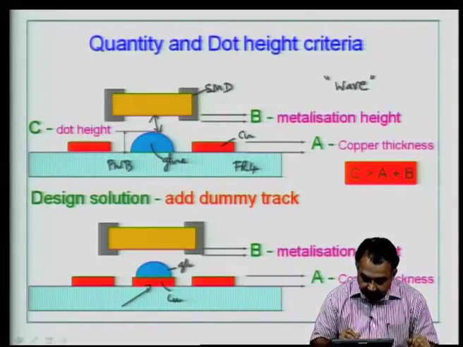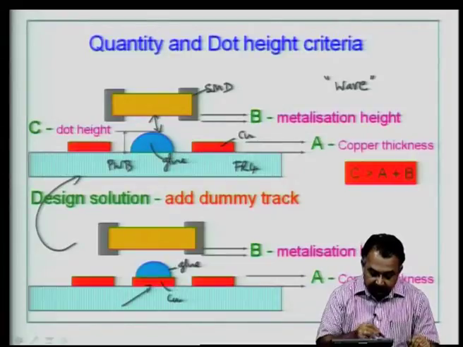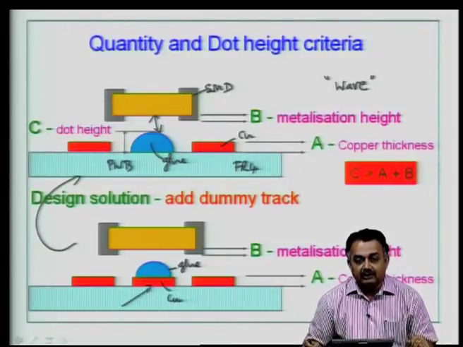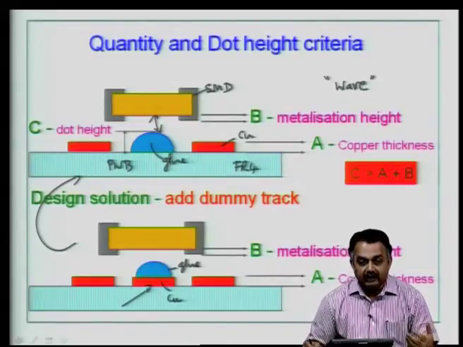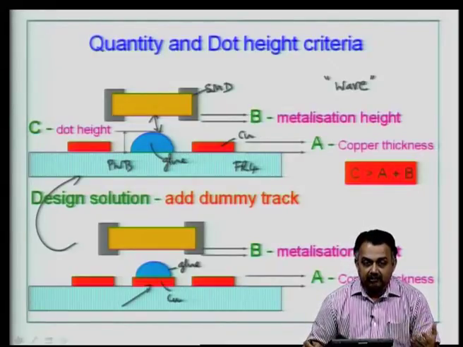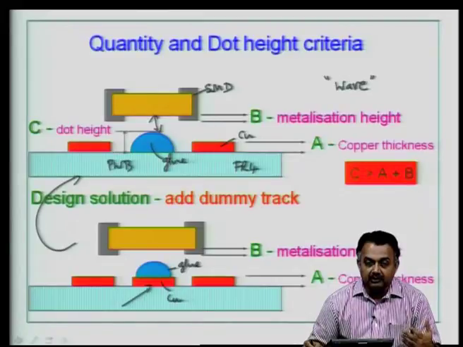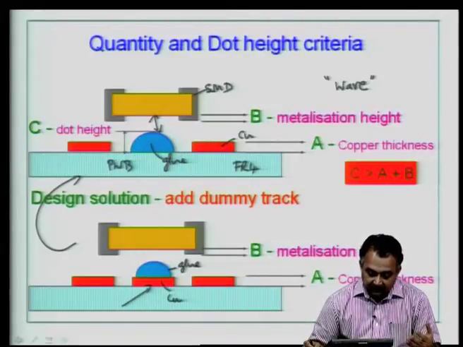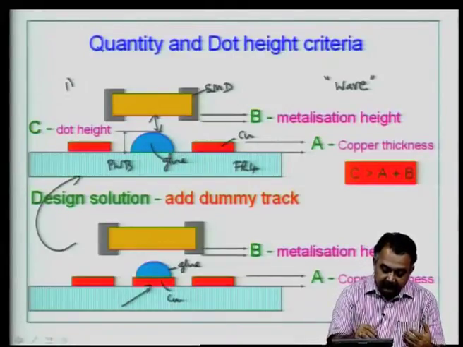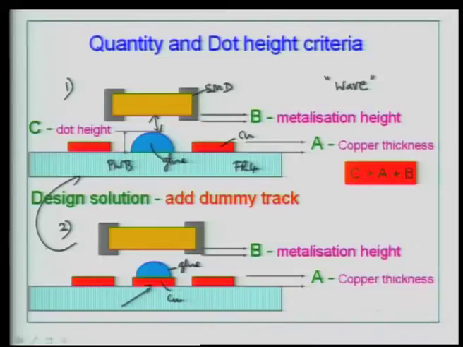So, this is the glue. Compared to this figure here, you are going to add much less glue, and that in itself enhances the reliability, because the component is very light compared to the volume of glue, which is much larger in the first case, whereas in the second case it is compensated by adding a dummy track.